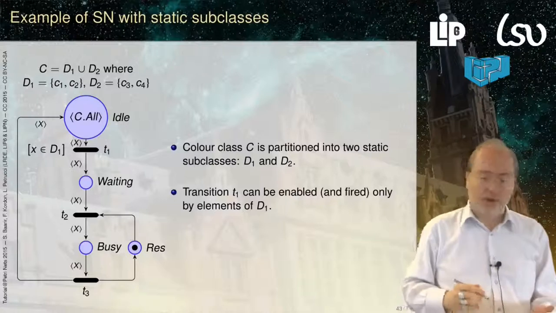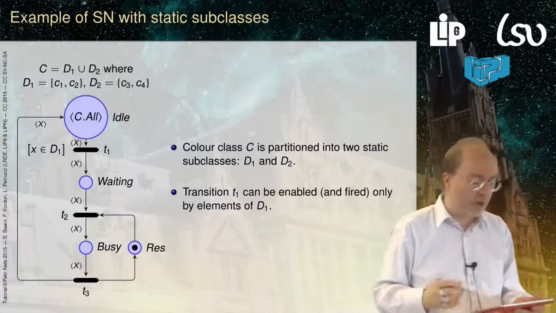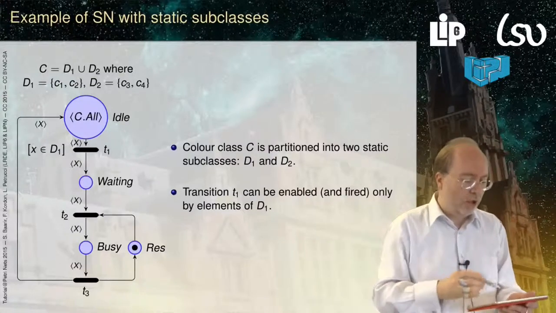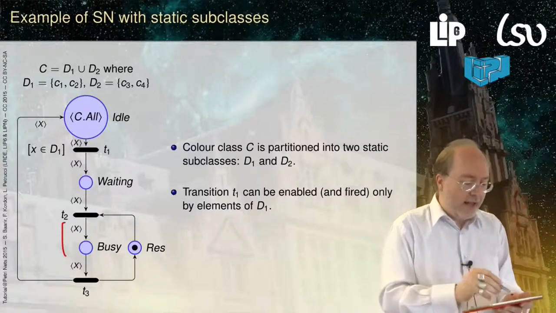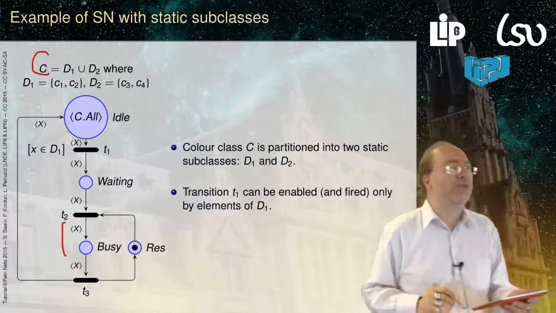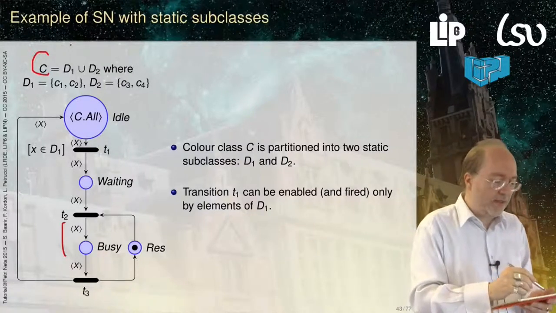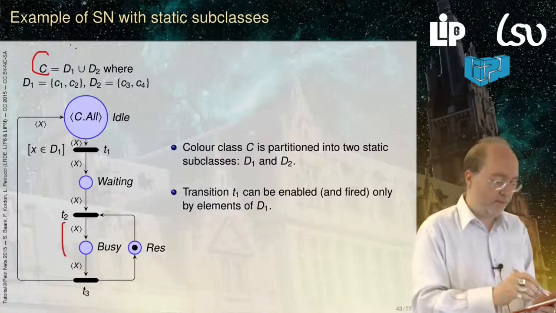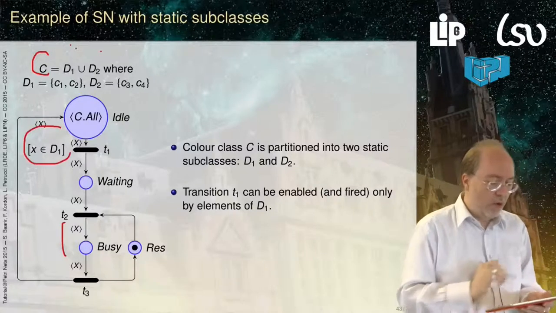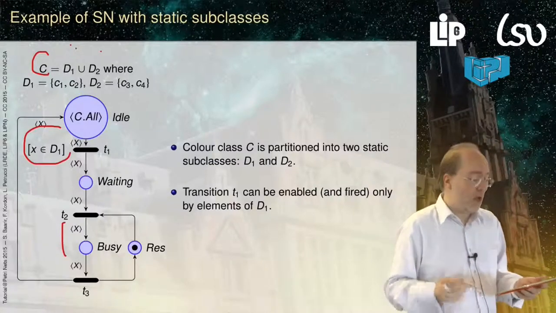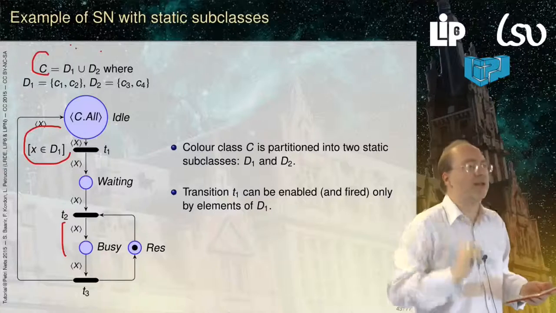Here, let's have a small example. We are back to the process example, the processes that use a resource, for example in a critical section. The critical section is there. But here, we decide that the set of process identities, defined by the class C, is in fact divided into D1 and D2. It means that we can fire transition T1 only when the identity belongs to the D1 subclass.